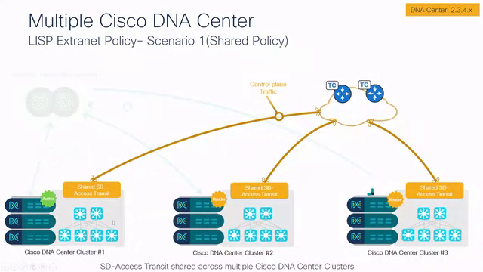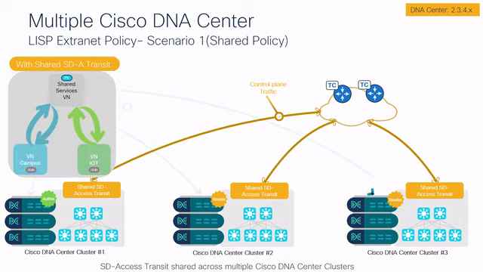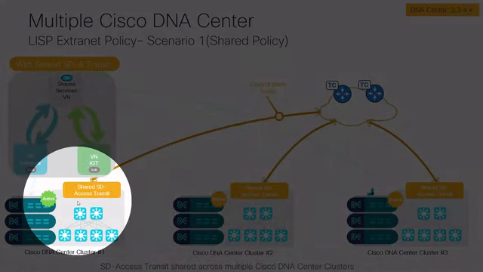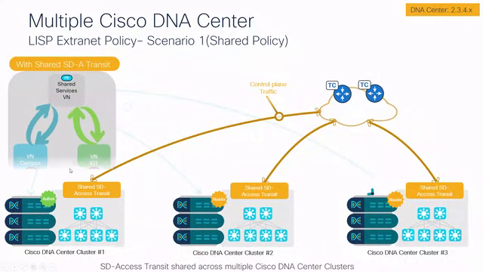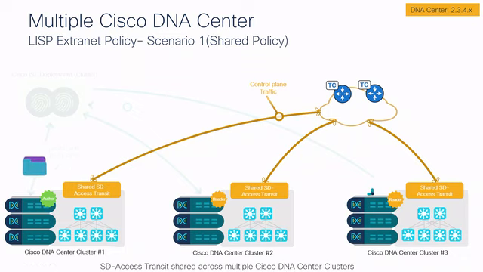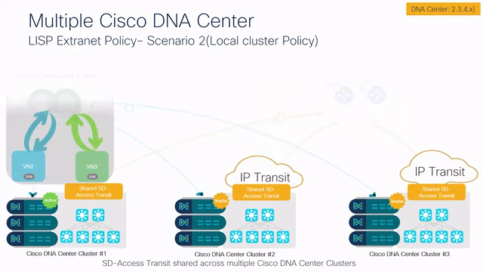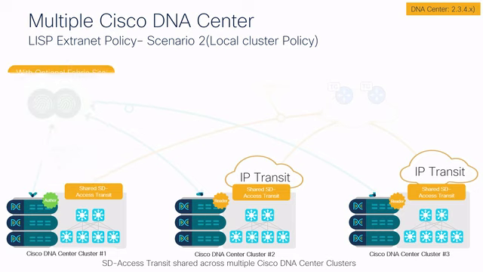What if I have multiple clusters, multiple Fabric sites, and I want to do this route leaking? That's where LISP extranet with MDNAC comes into play, right? So I can create that policy once on one of my author nodes or on my author cluster. It seamlessly replicates that policy across to my other reader nodes as well. So now that policy is available on the reader nodes, and then I can attach this policy to whatever site I want on the respective reader nodes.